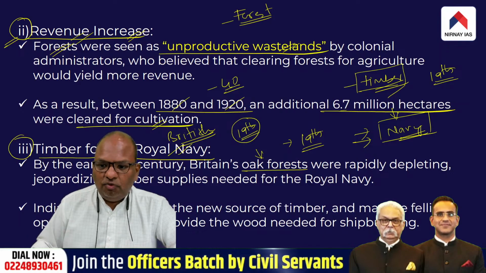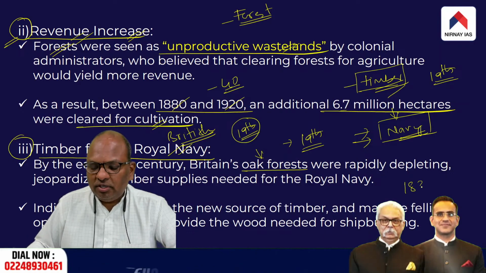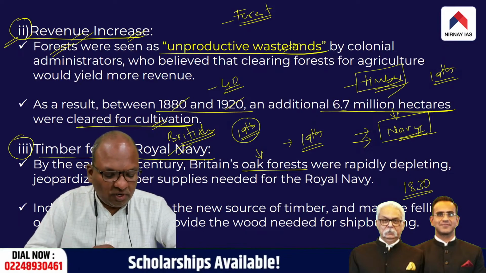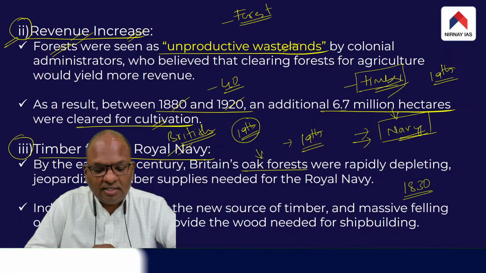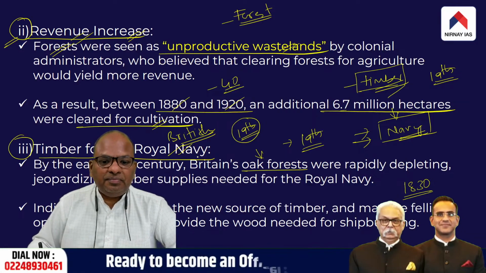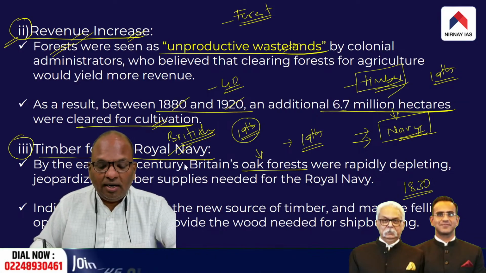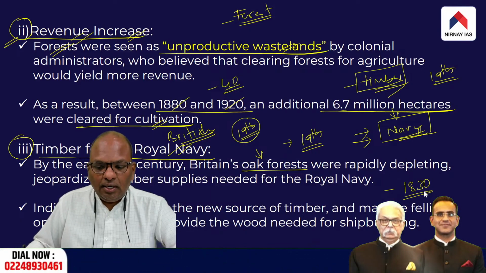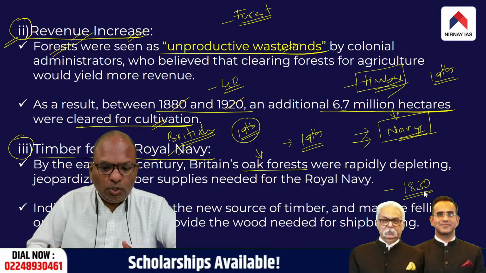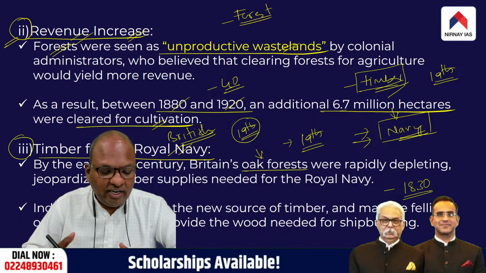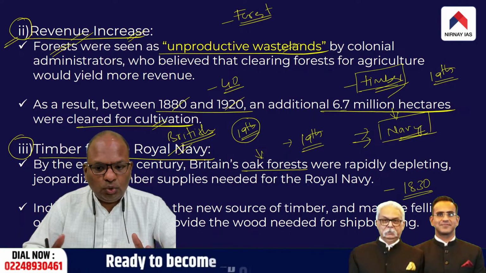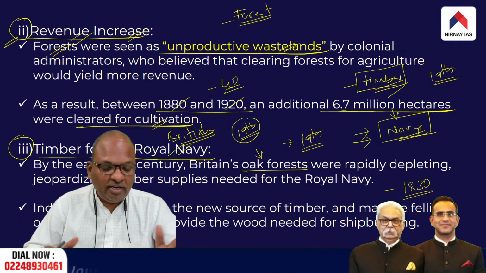So the point is, from 1830s onwards, large scale cutting of the trees was carried out to meet the needs of the Royal British Navy. Let me repeat. From 1830s onwards, teams were formed to look for high quality timber in India, and these teams identified those forests with good quality timber.